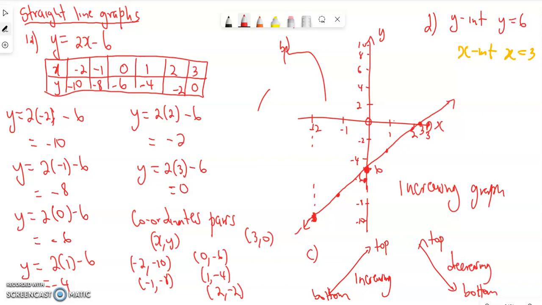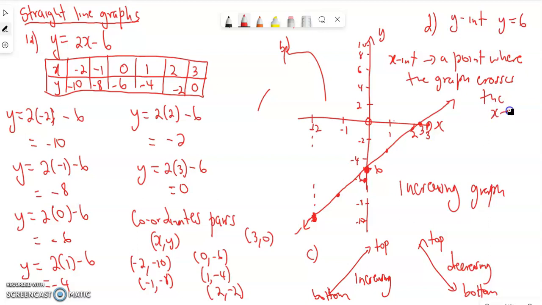So you need to remember the definition. The x-intercept is a point where the graph crosses the x-axis.